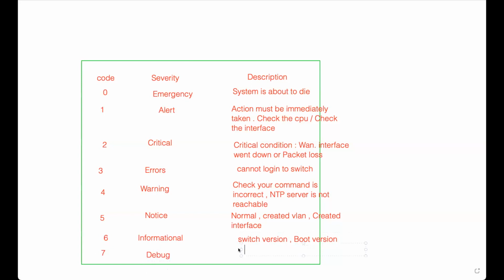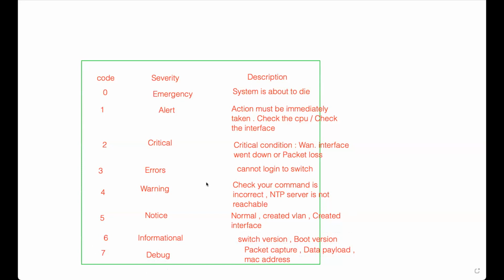Debug is like when we are doing a packet capture, when I want to see the data payload, like looking into the MAC address table. Packet capturing, that kind of thing is discussed under debug. So these are the 7 types of Syslog messages.